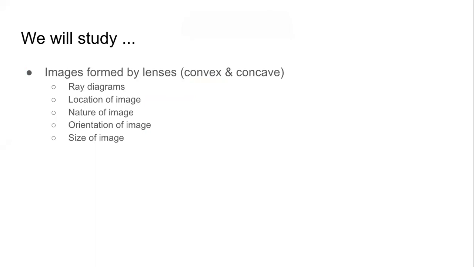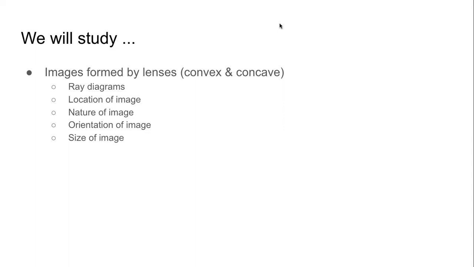We are not studying plano-convex, plano-concave, positive meniscus, negative meniscus. So when we are studying formation of images by lenses, we will see how ray diagrams can be used. We will also see how things can be studied by experimenting.